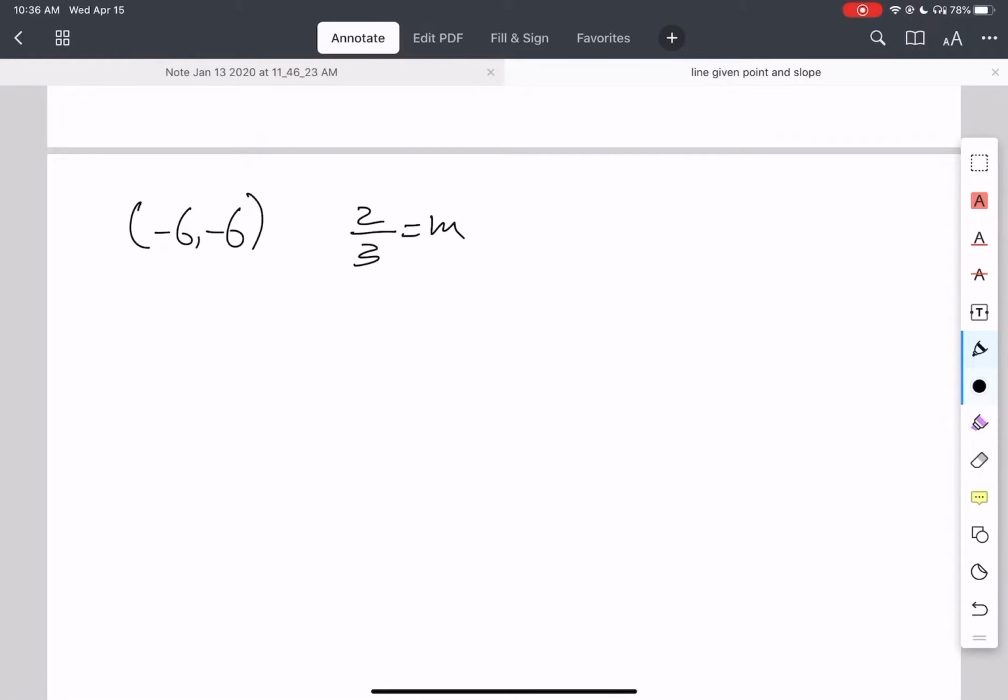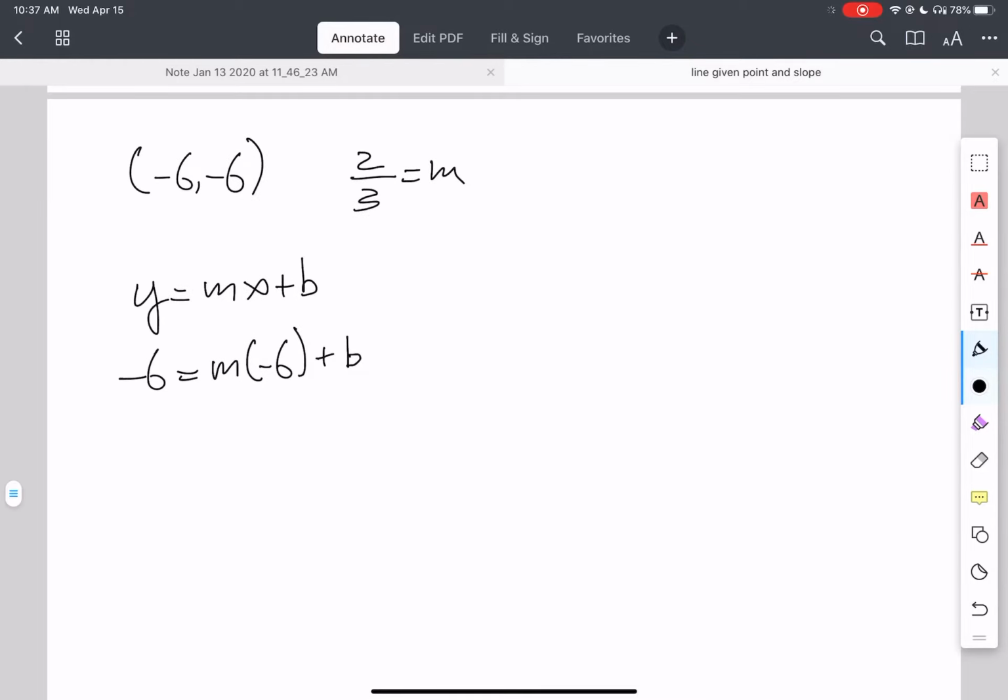So I start with y equals mx plus b, and then x and y are both negative 6, which is nice, so negative 6 equals m times negative 6 plus b. And then the m was 2/3, so negative 6 equals 2/3 times negative 6 plus b.